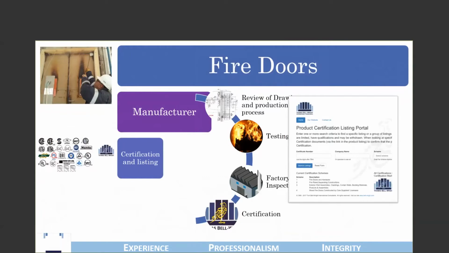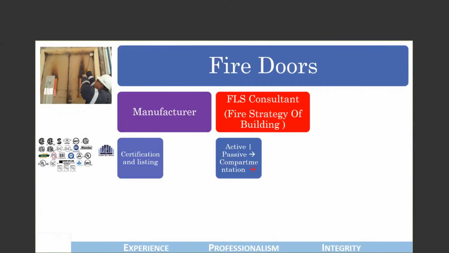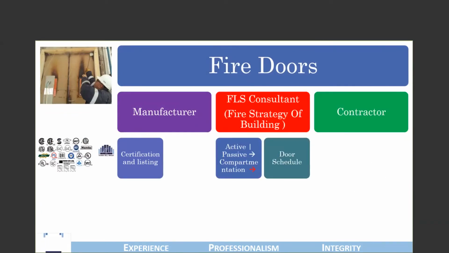This set of tested, listed door sets are then used as a basis to convince a contractor who would want to procure doors as per a defined door schedule. And often, door manufacturers use additional evidence like assessment documents to provide the additional assurance needed for the contractors.